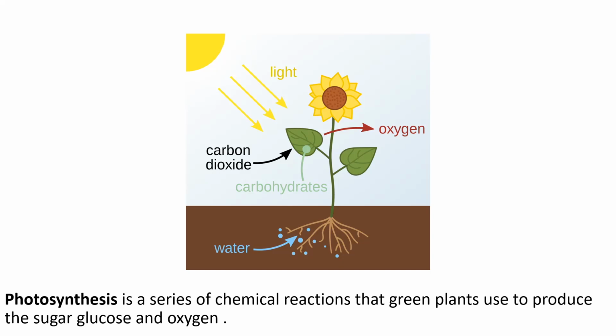What we're now going to look at are the reactants. So if you'll recall, reactants are the components of any chemical reaction that combine together to produce the products. So the reactants in photosynthesis are three of them.